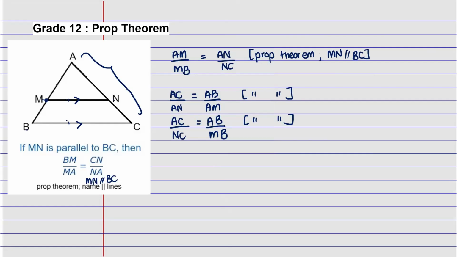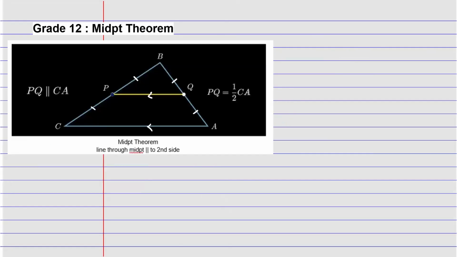And another thing is that since we have parallel lines, which is the same as the proportionality theorem, and the only difference is this point cutting it in equal parts, we have extra properties. The property is that PQ is now equal to half of CD, which is the same as saying that CA, sorry, is equal to twice PQ.